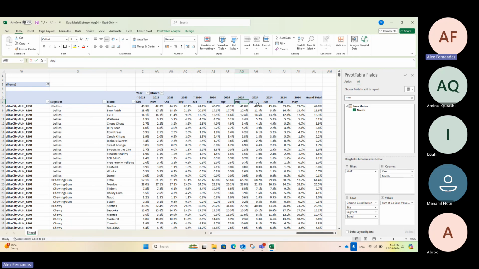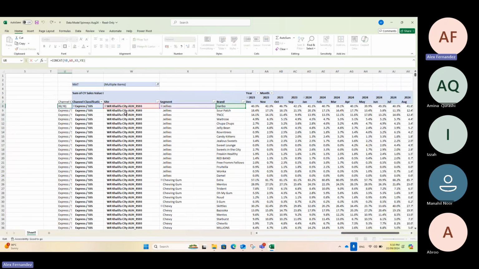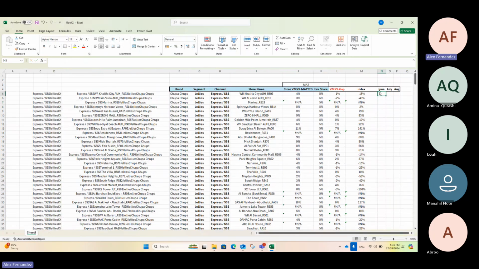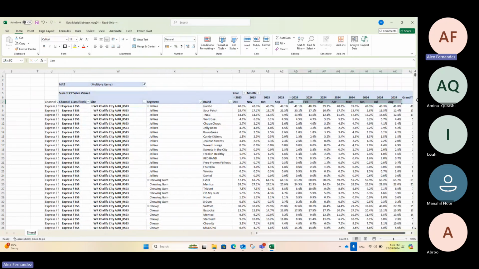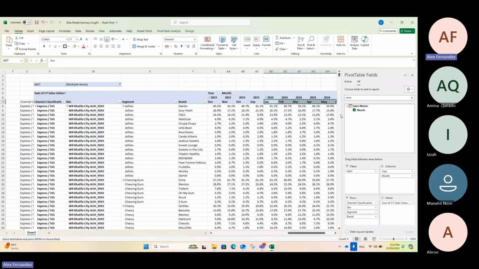January, February, March, April, May, August. So this is from January till August.